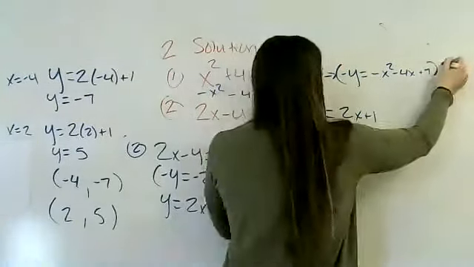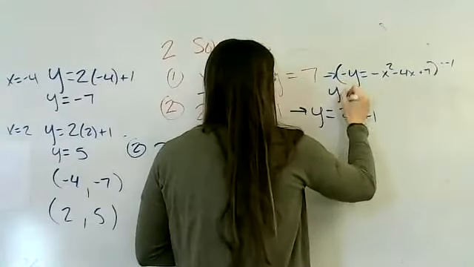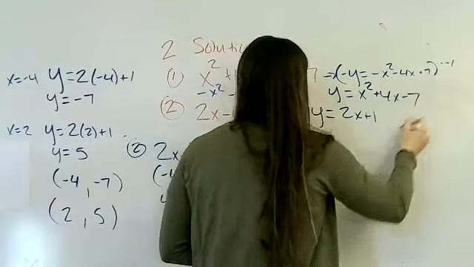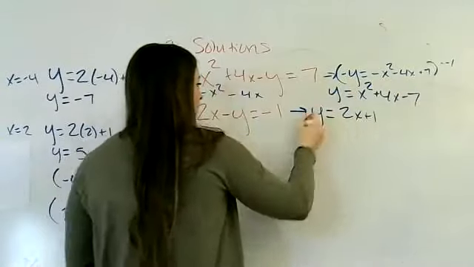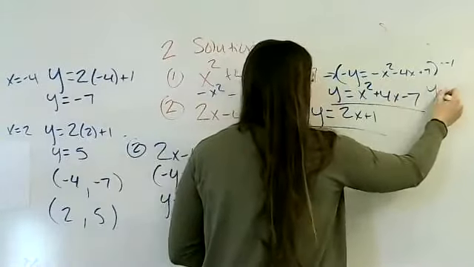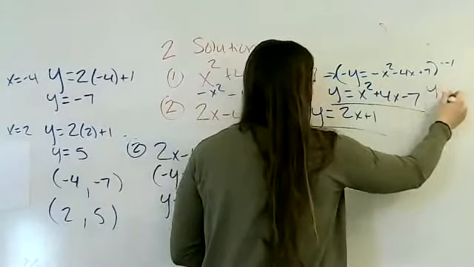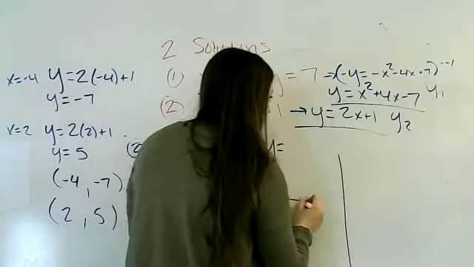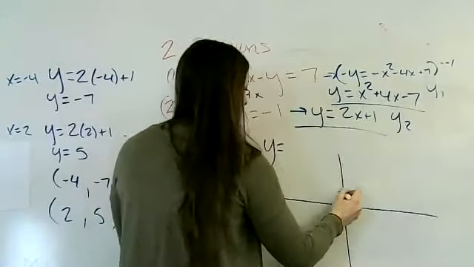And then multiply by negative 1 to get y equals positive x squared, positive 4x minus 7. So again, here's one, here's the other. y1, y2. Go to y equals in your calculator. I'm going to draw a really rough sketch of this. Really rough.